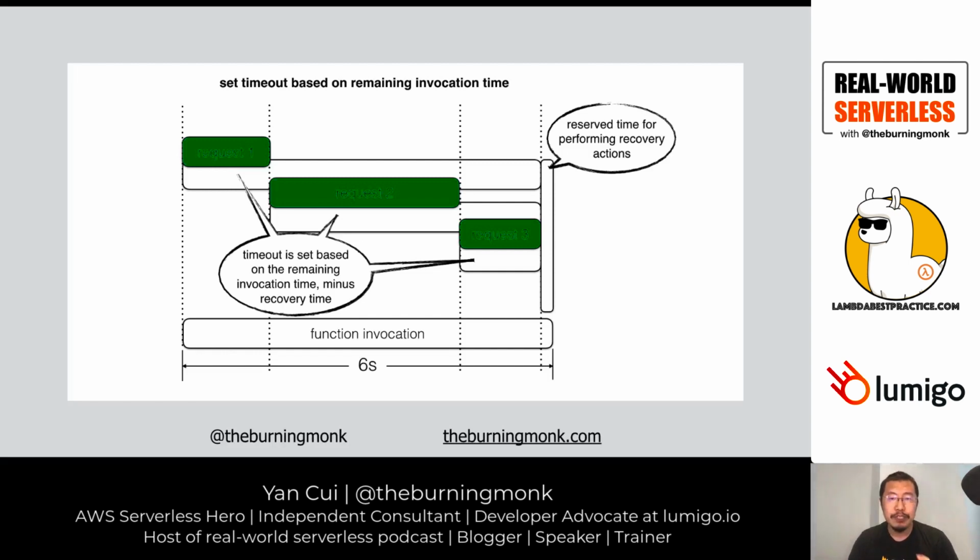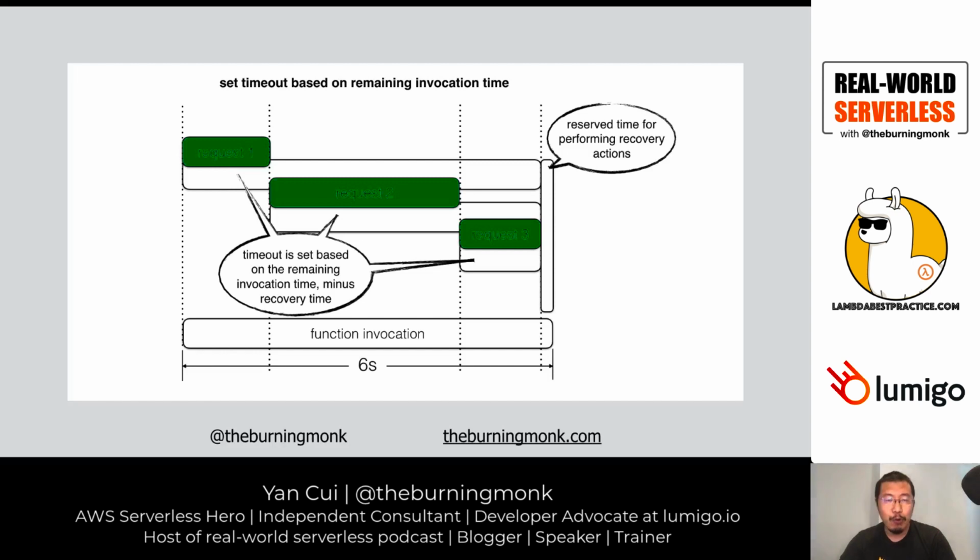But we're going to reserve some time at the end so that we can do any kind of recovery steps, like logging the timeout event itself, or publishing custom metrics to say that we tried to talk to this other service and we had a timeout. Or maybe we can fetch some cached response from previous requests, or from some shared caching somewhere.